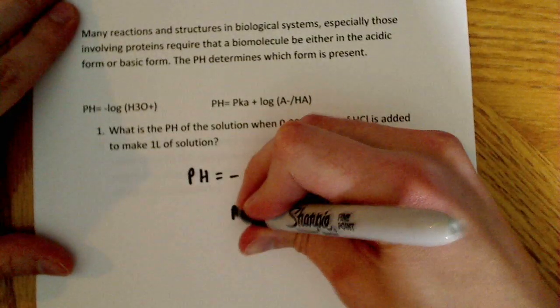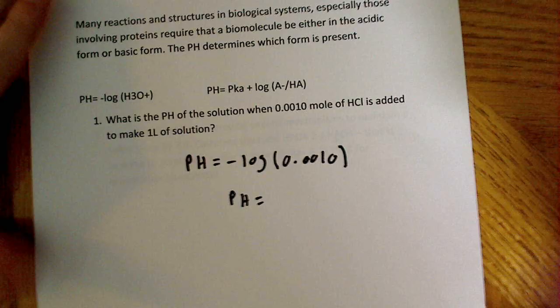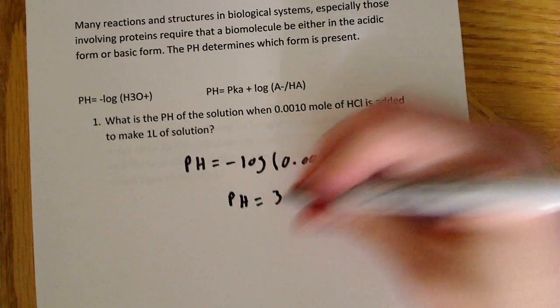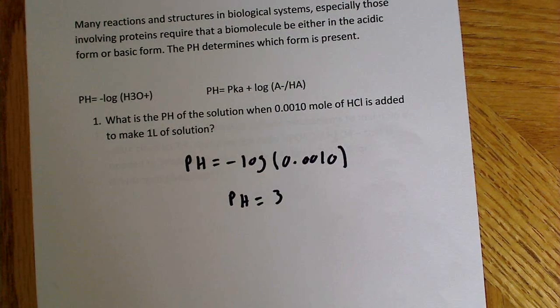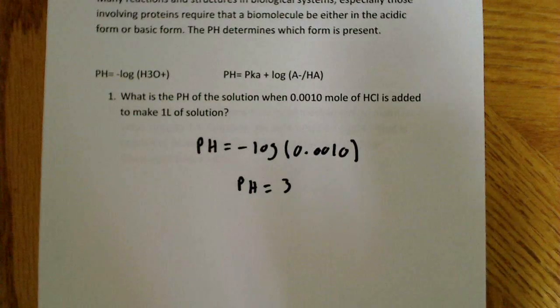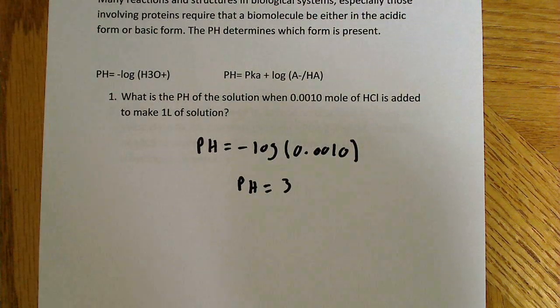Once you do this, plug this into a calculator or however you want to do it, you'll find that the pH is equal to 3. So that's pretty much the most basic pH problem you can possibly get. It's a strong acid making a 1 liter solution.